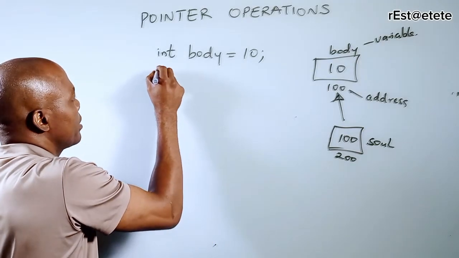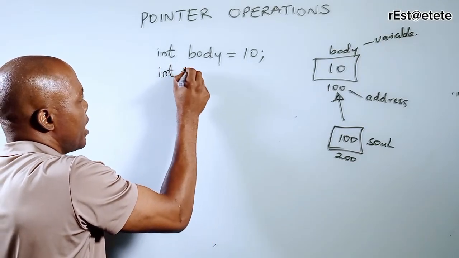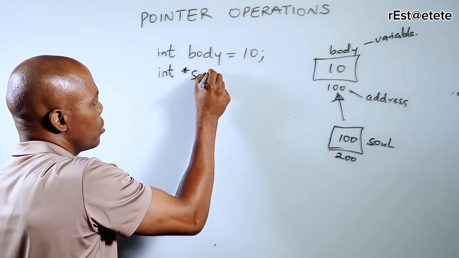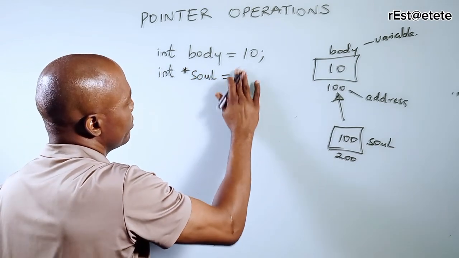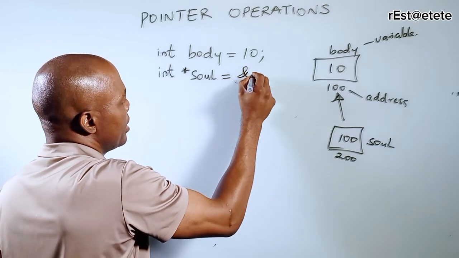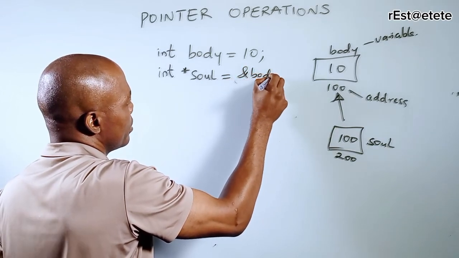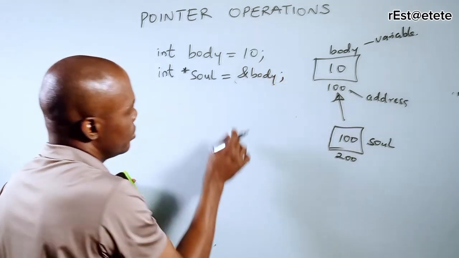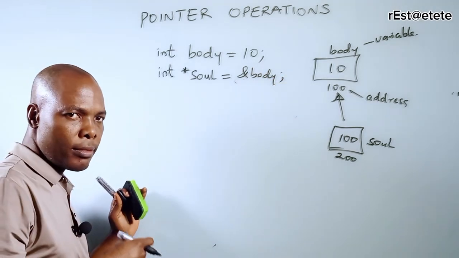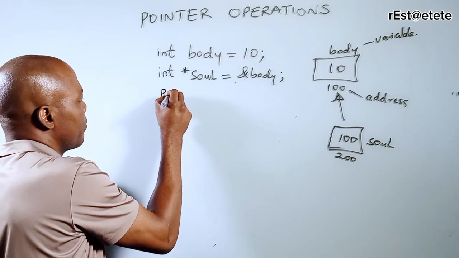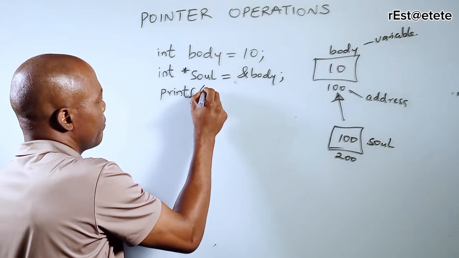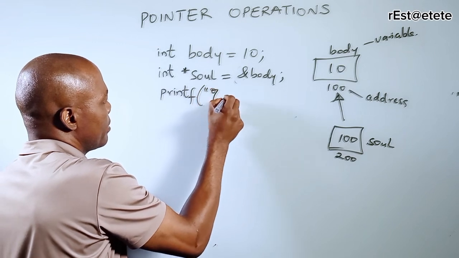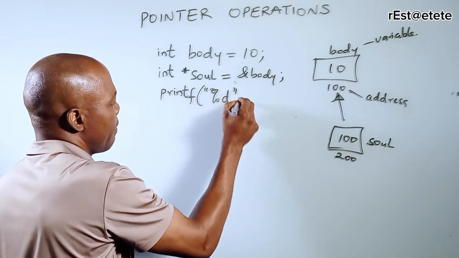So I will say int asterisk soul, right? And then I will say address of body. So this is how to write it. Now I can say printf, %d format specifier.